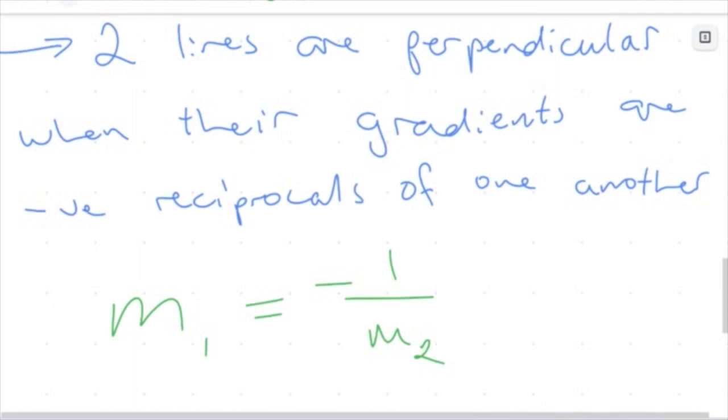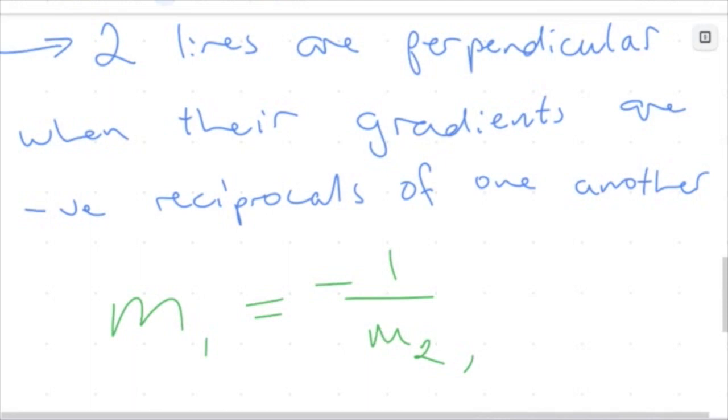So if I'm given one gradient and I want to find the gradient of a line perpendicular to that, I'm going to flip this, make it a fraction, 1 over another thing, and I'm going to stick a negative sign in front of it.